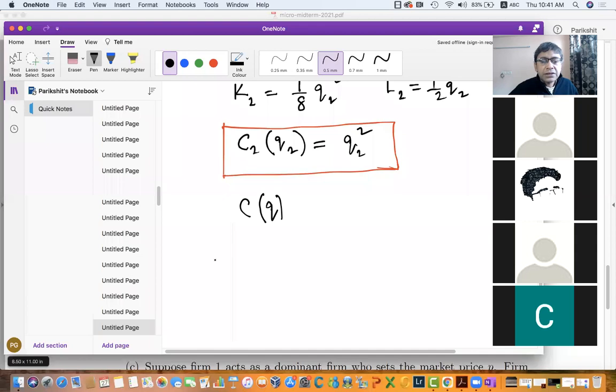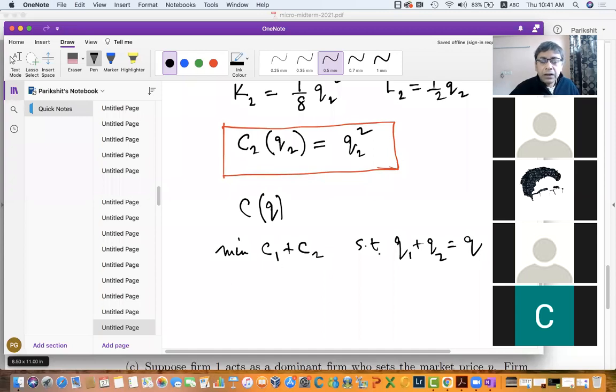What is the exercise which gives rise to the combined cost function? It is: minimize total combined cost of the two factories, subject to some given production target, Q1 plus Q2 equal to Q. Right?